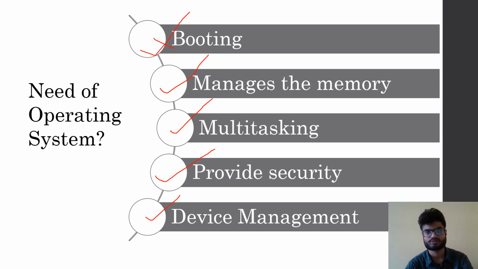Second is managing of the memory. Memory management is one of the important parts inside the computer, because for example, if you are opening the gallery or some photos, it doesn't mean it occupies 8 GB of RAM or 16 GB of RAM. It should occupy only some small bytes of memory. Third is multitasking. Multitasking means performing two or more tasks at the same time.